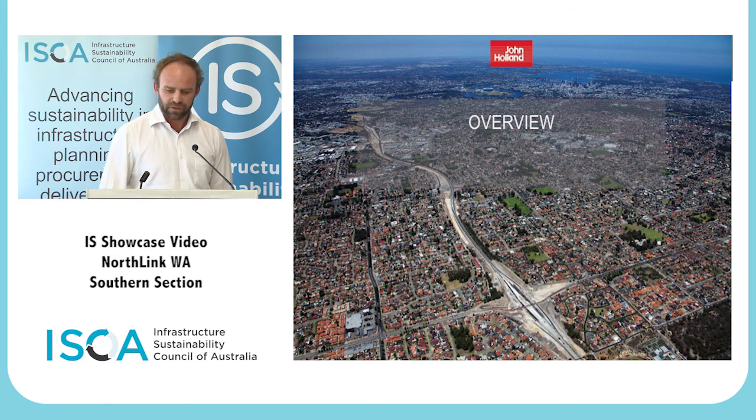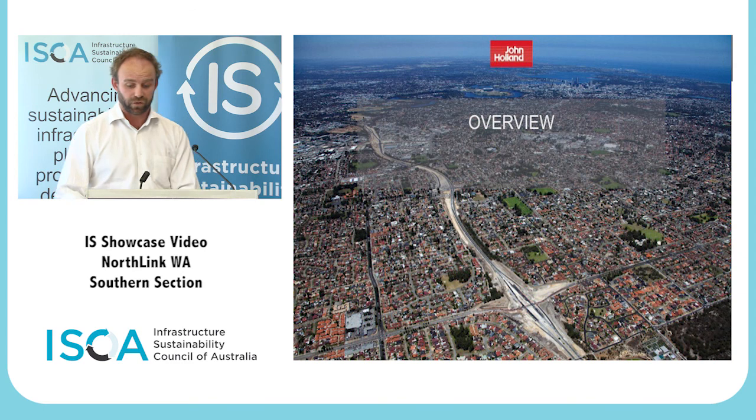In addition, there's quite a lot of industrial zones there, the greyer patches you can see in the aerial shot. And this route will be a freight route that will take freight from Perth, the airport and the port, north up to that economic hub that is the northwest, including the Pilbara. Okay, that's an overview of where the job is.